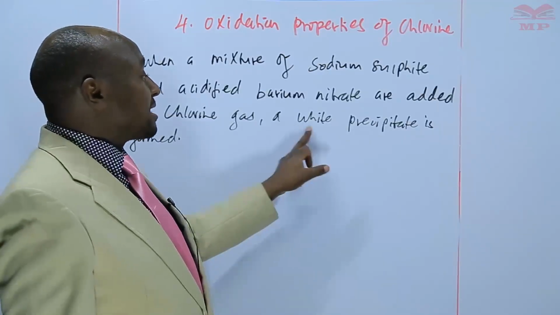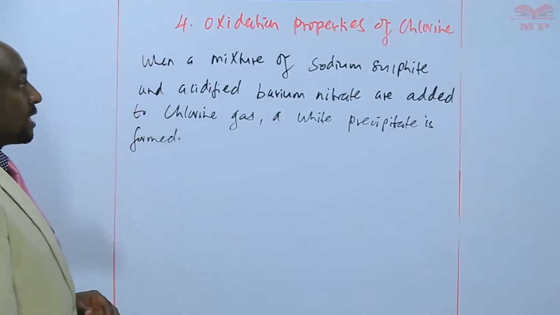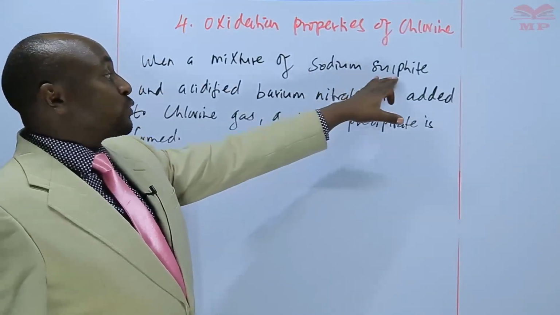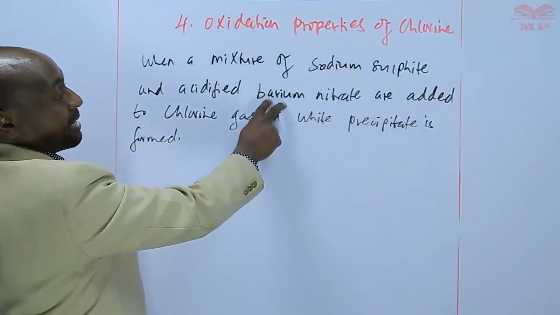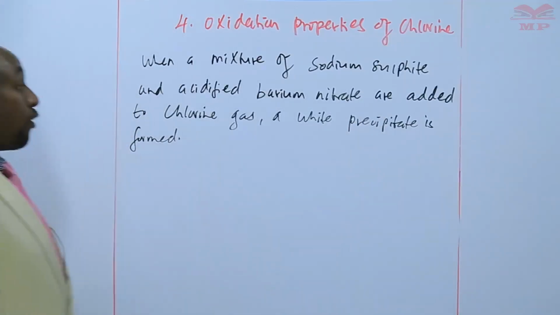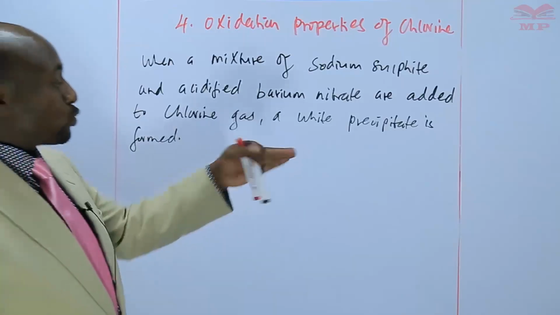And that's where there is the formation of a white precipitate. So we are saying that when sodium sulfite is oxidized to sodium sulfate, then the sulfate reacts with the barium nitrate to form a white precipitate of barium sulfate. It's a bit long. It has two steps.